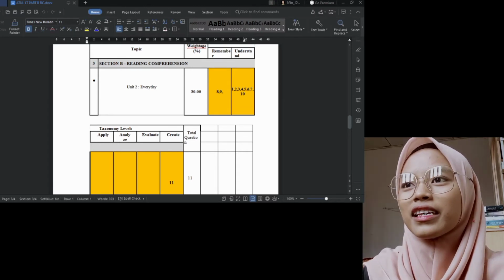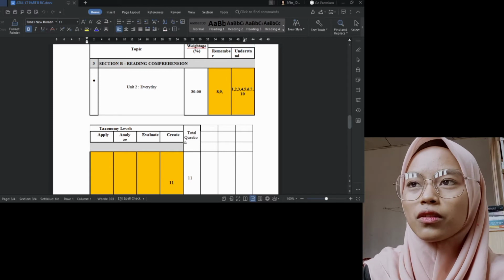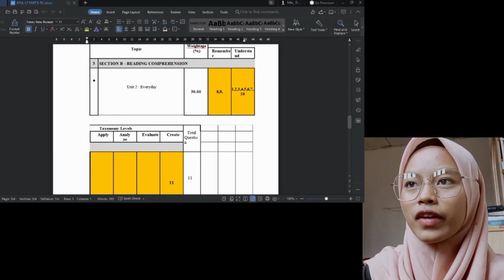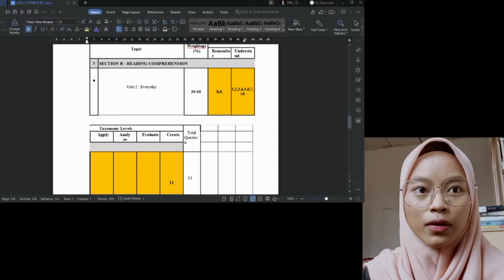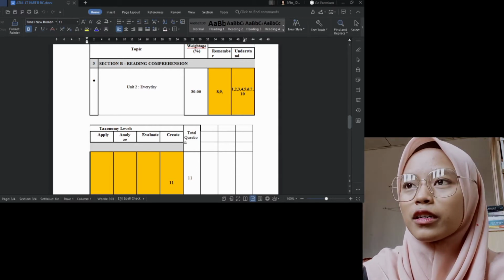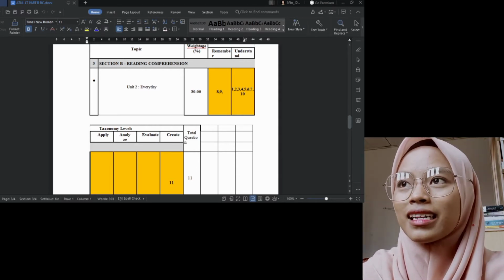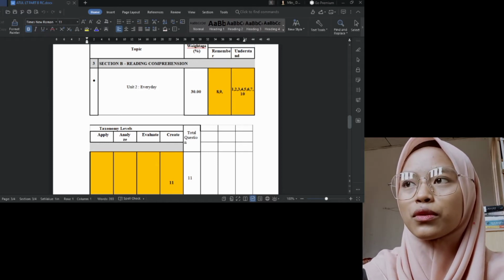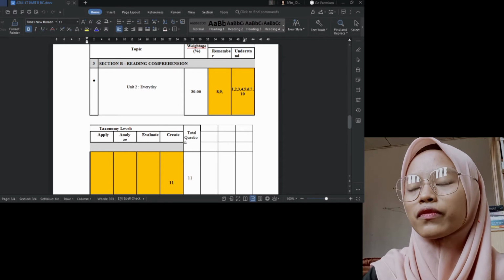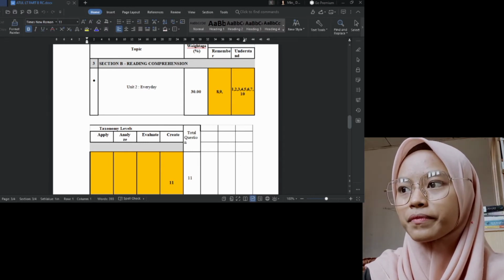Questions 1 to 7 and 10 require understanding skills, questions 8 and 9 are for remembering, and the last one, question 11, is to create. So the total number of questions for my part is 11.